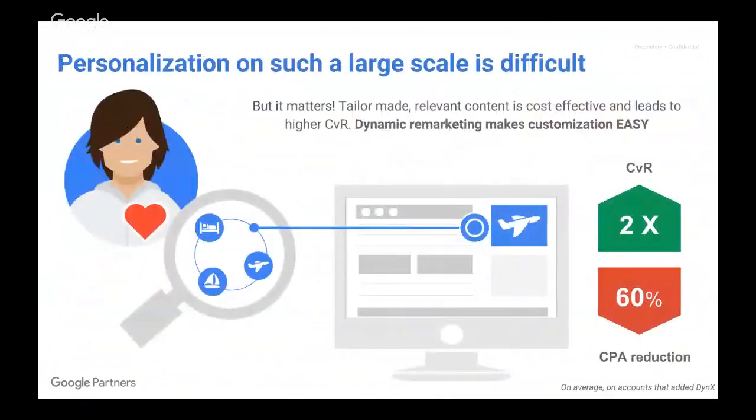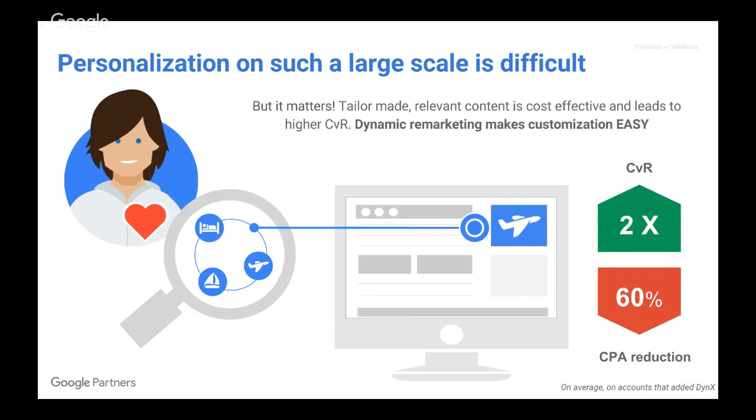Dynamic remarketing will indeed enable you to personalize the ads, which means that you can show an ad that's based on what a user did. So, for example, if you look at how you behave when you're browsing the web, if you go on a website and you see a nice pair of shoes, but you choose not to buy it now, and you need to think a bit more.